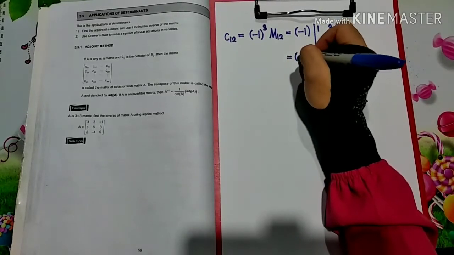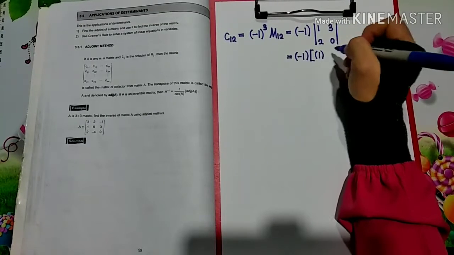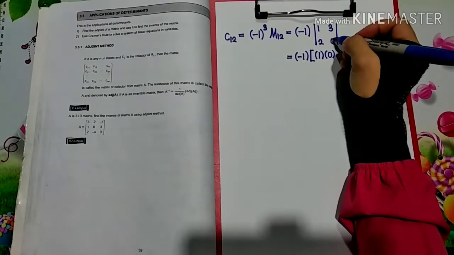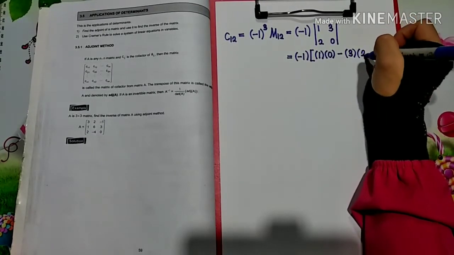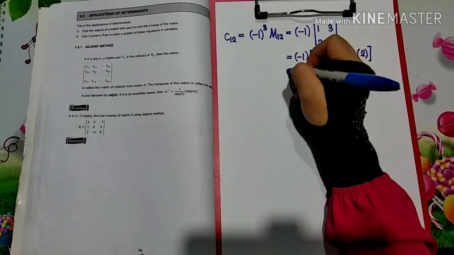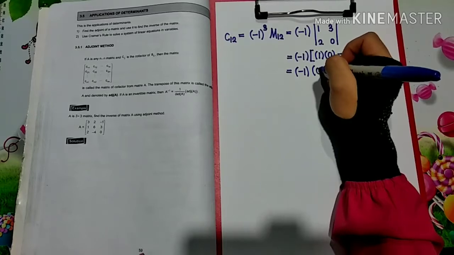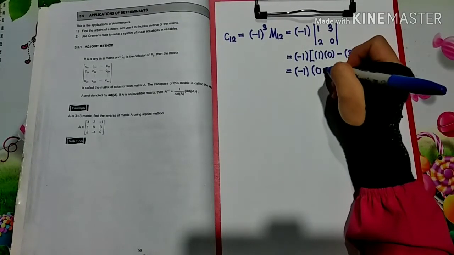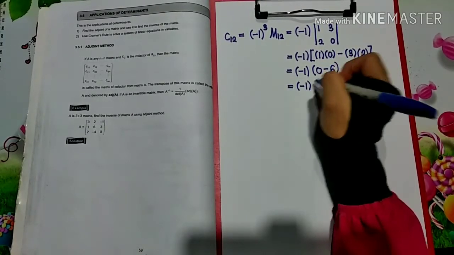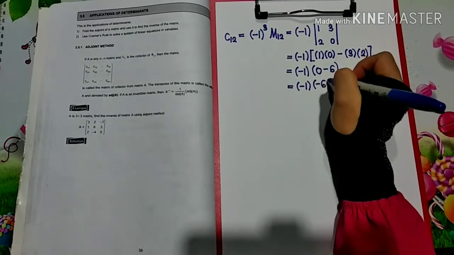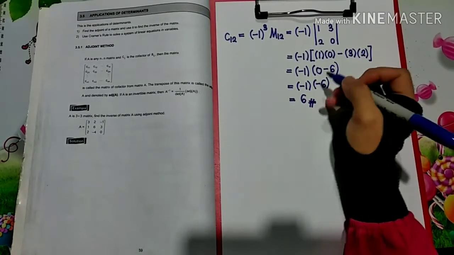So the determinant for this one, 1 multiply with 0 minus 3 multiply with 2. 1 multiply with 0, you will get 0. 3 multiply with 2, so minus 6. So negative 1 times 0 minus 6, negative 6, equal to 6 for C12.